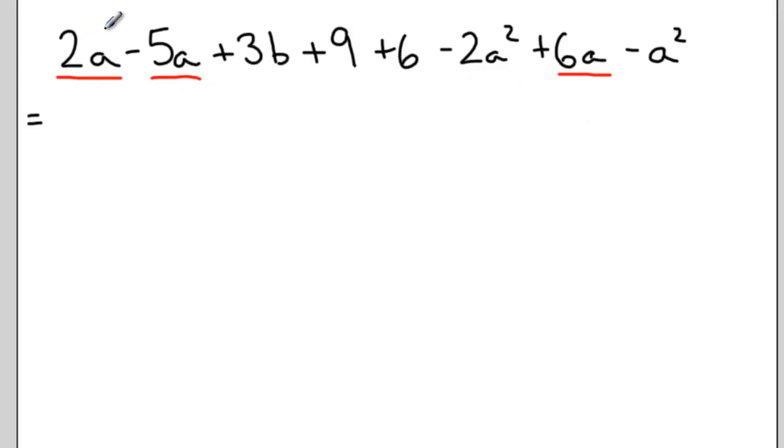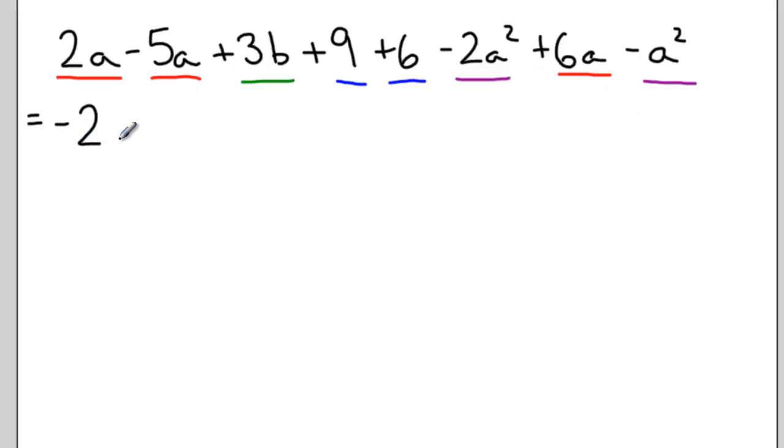These are like terms since the variables are the same and the exponents attached to the variables are the same. I see a term 3b. I can't find anything else like 3b. I see 2 coefficients all on their own. They'd be like terms. And then lastly, a negative 2a squared and a negative a squared.